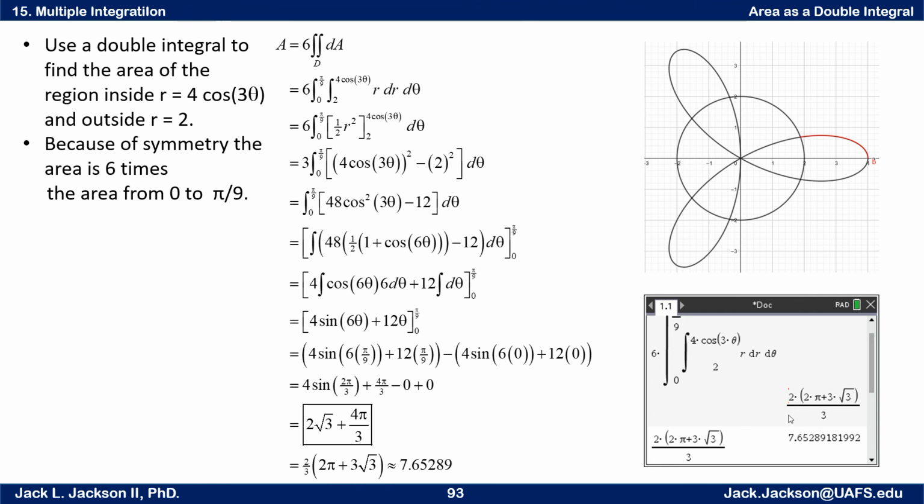And the calculator gave me something more like my second version. So here's the integral in the calculator, and we see it did get the second version there. If you distribute the 2 here, there's the 2/3 out front, and then out top you get 2 pi plus 3 square root of 3. That's the same as this. And there it is in a decimal, which is where I got that.